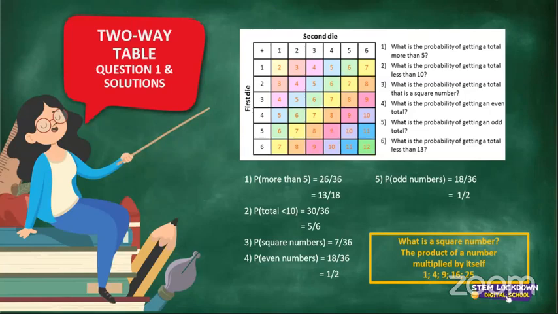All the possibilities are less than 13. So you can see the highest is 12, everything is less than 13. So what is 36 over 36? If we simplify, it is a big fat 1 or 100%.